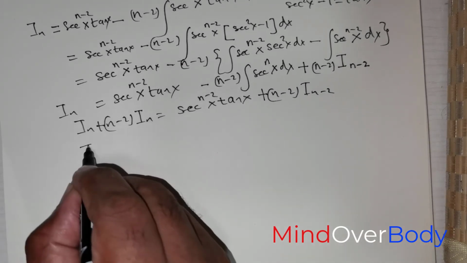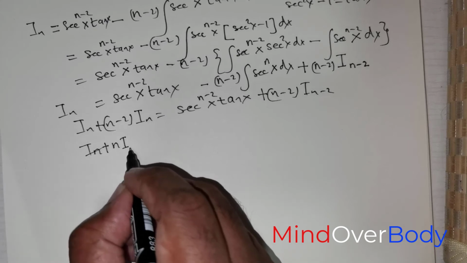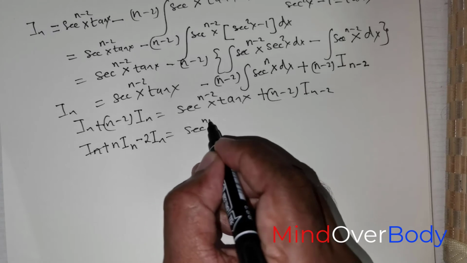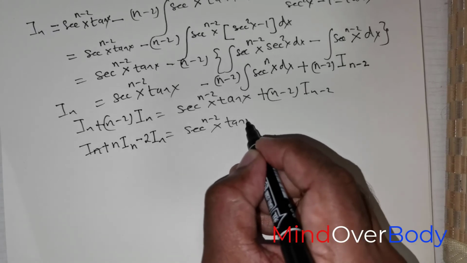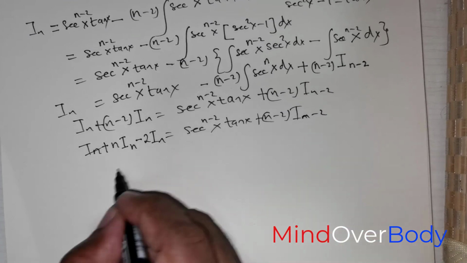So if I distribute this, this is going to be I_n plus n times I_n minus 2 times I_n is equal to secant raised to the power of n minus 2 x tan x plus n minus 2 times I_{n-2}.